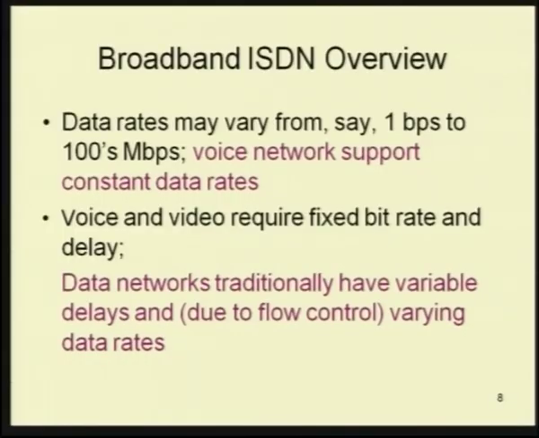Data networks traditionally have variable delays and, due to flow control, varying data rates, whereas voice and video require fixed bit rate and delay. So, when you are trying to combine voice, video and data and provide these three services using a single network, we have to keep in mind these different requirements from these different types of data, and we need to provide for all of them.